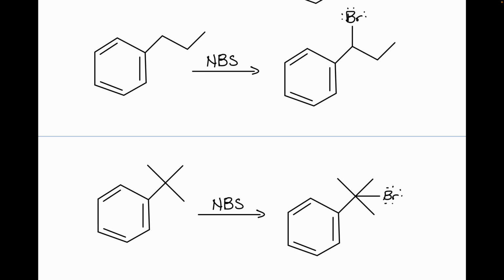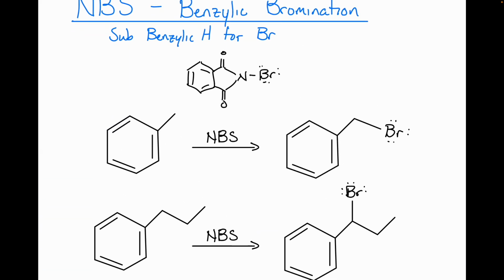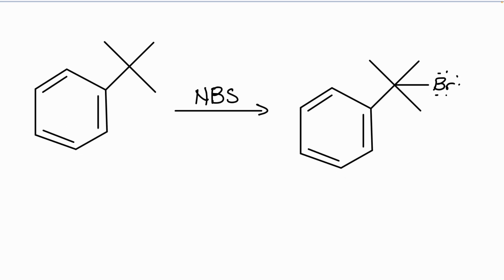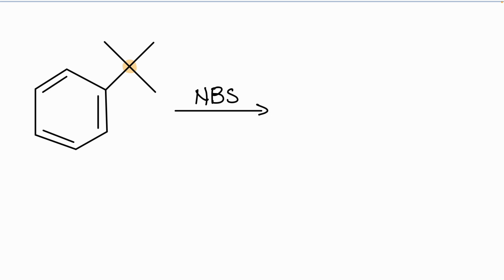What is the problem with this product? I got way too many bonds on that carbon. And if you remember, we said specifically that these reactions are substituting benzylic hydrogens for bromine. Well, if there's a tert-butyl group right there, my benzylic position doesn't have any hydrogens. So this reaction would not be able to take place. There has to be at least one benzylic hydrogen in order for this reaction to occur. In this compound, there are no benzylic hydrogens, so there's no reaction.